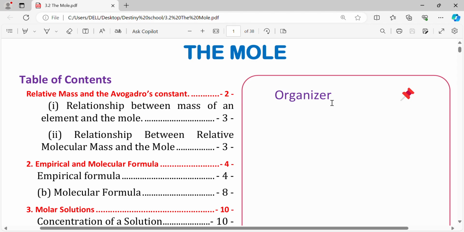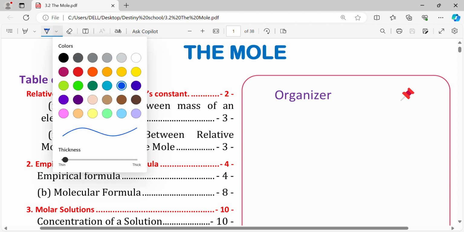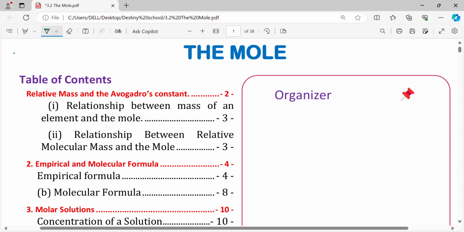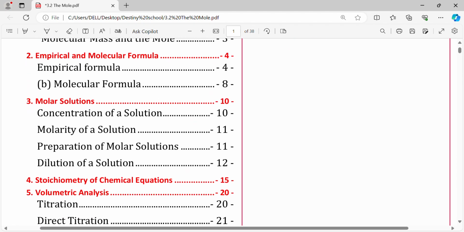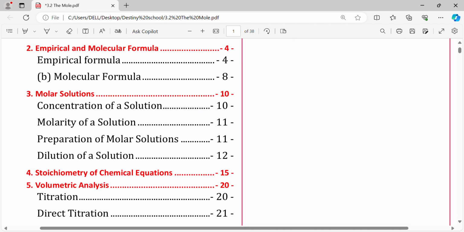Some of the things that we learn in the mole concept, as you can see from my table of contents, are these. We learn about relative mass and the Avogadro's constant. Number 2 is the empirical and molecular formula.